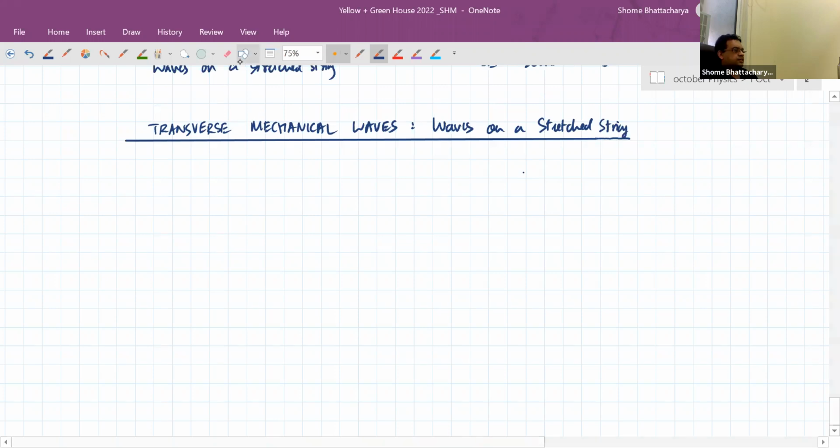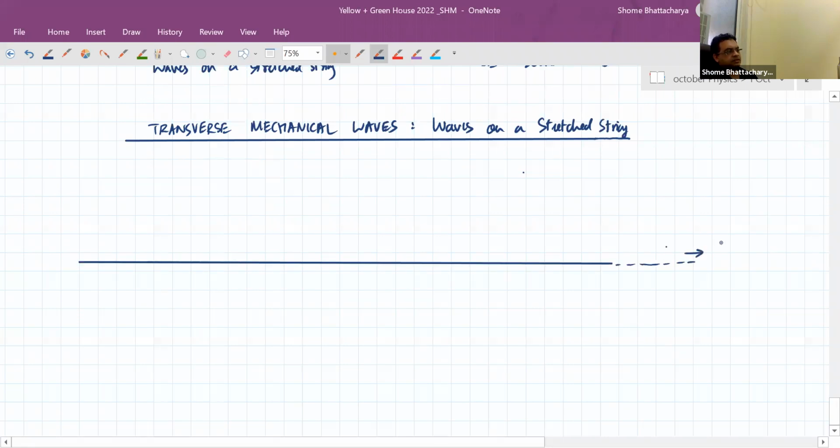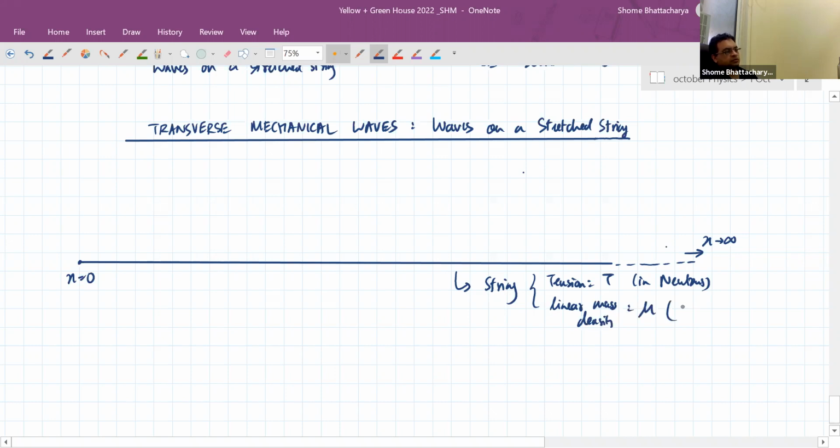Okay. So the idea is that if we, for example, have a long string which is rigidly attached at both the ends, so one end is very far away, so it's extending to infinity, and this end is x equal to 0. So this is a string which has a tension of T in newtons and a linear mass density, or a mass per unit length, of mu in kilograms per meter.